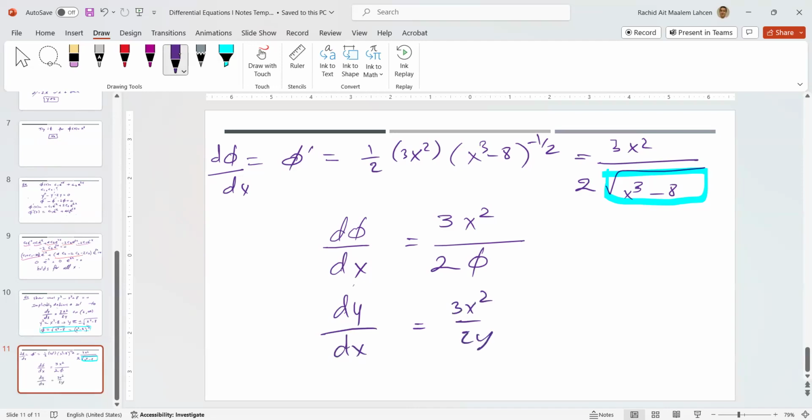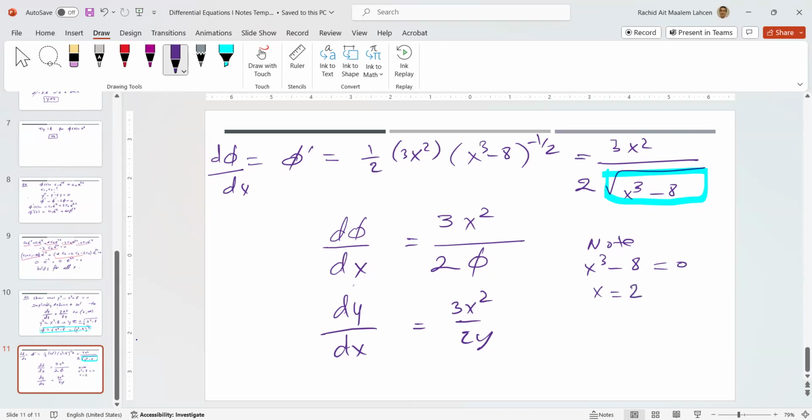Because of this, note that for the first derivative you have x cubed minus 8 for real numbers. It equals 0 when x equals 2.